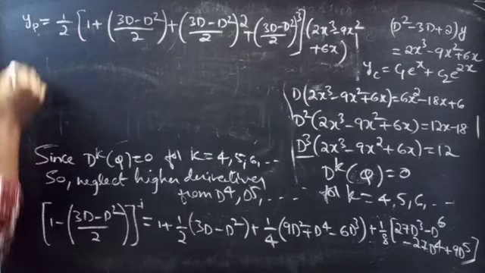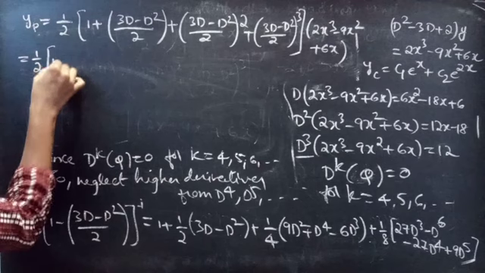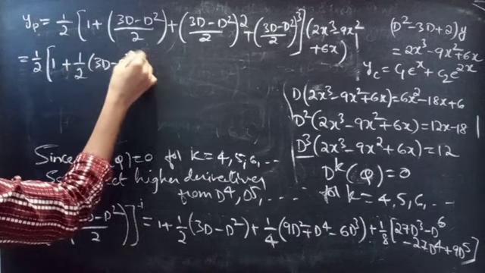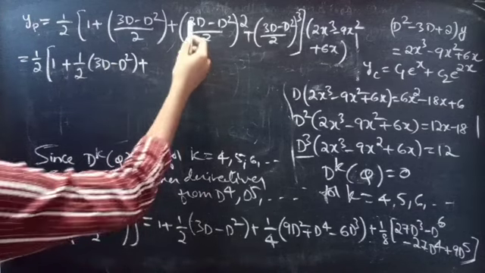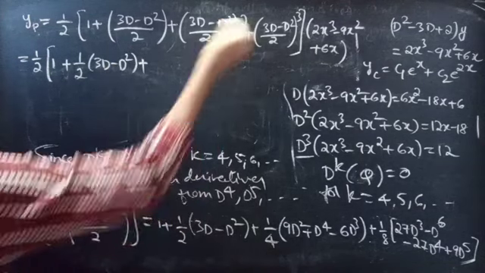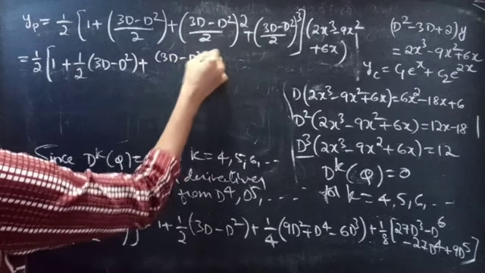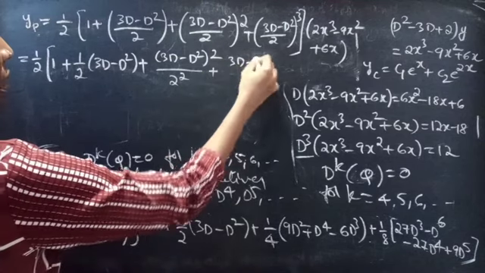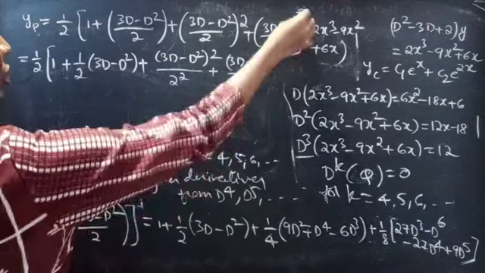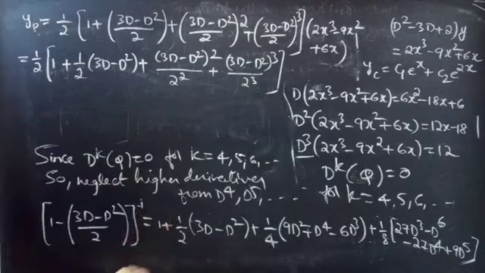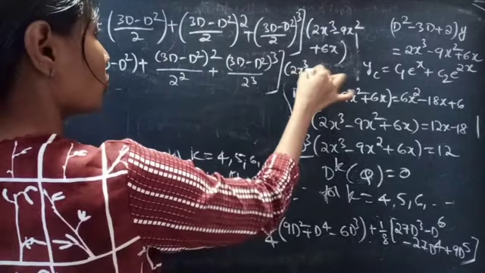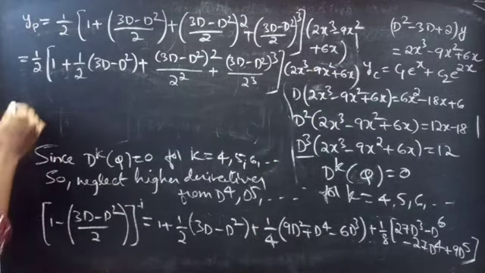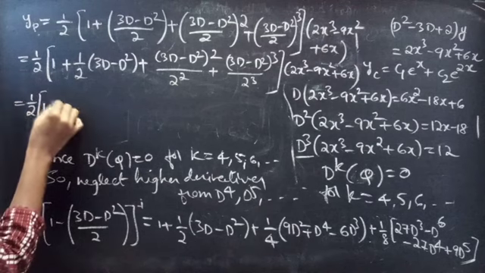This becomes 1 by 2 into 1 plus 1 by 2 into (3d minus d square) plus (3d minus d square) whole square by 2 square plus (3d minus d square) whole cube by 2 cube, into cube, 2x cube minus 9x square plus 6x, right?